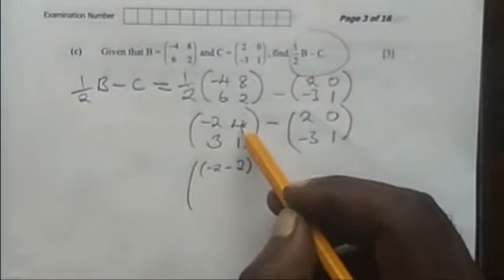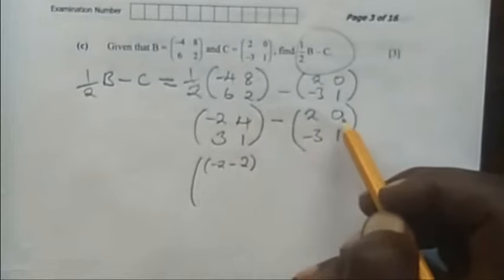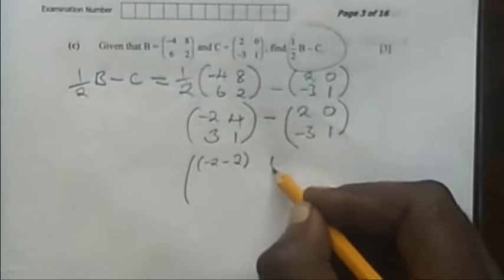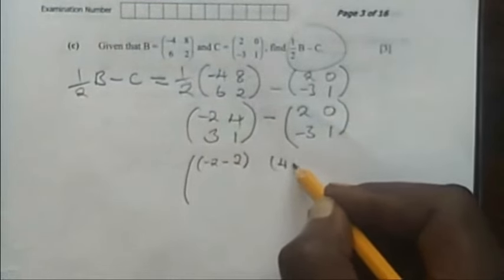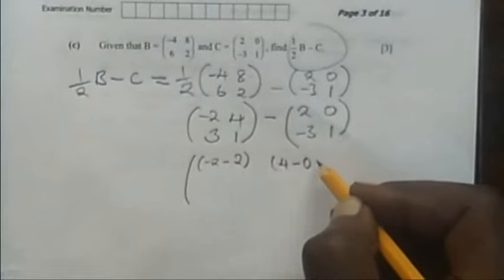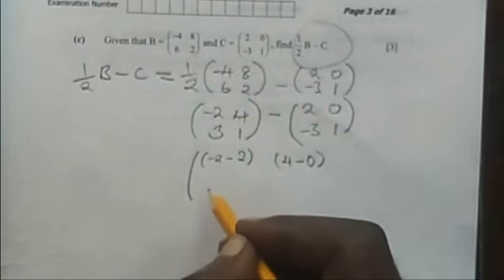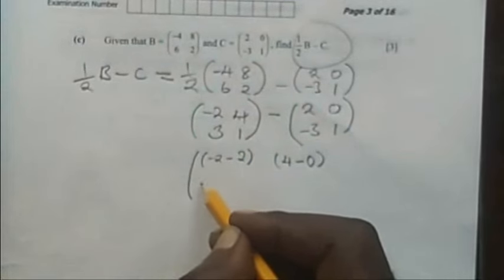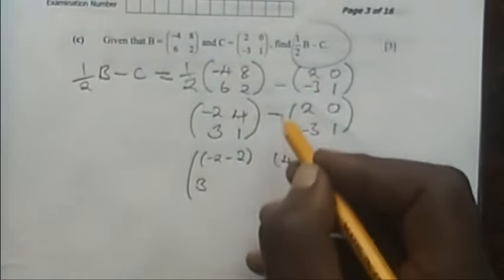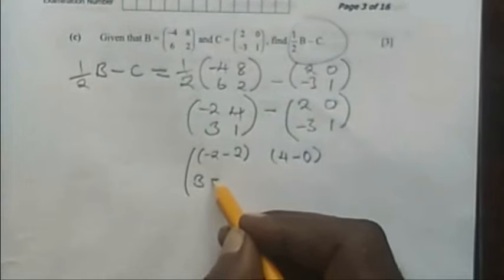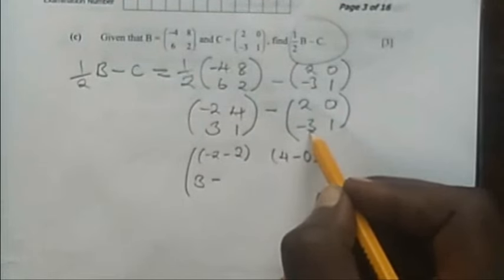Then this 4 is corresponding with 0, so I'm going to open bracket, then say 4 minus 0, then close bracket. So 4 minus 0, then I'm going to come up with 3, then minus, then this is the negative number, -3.